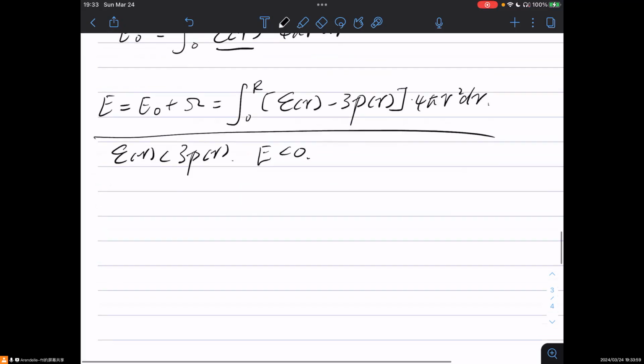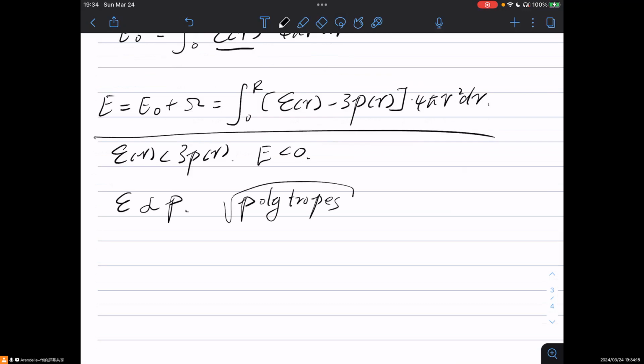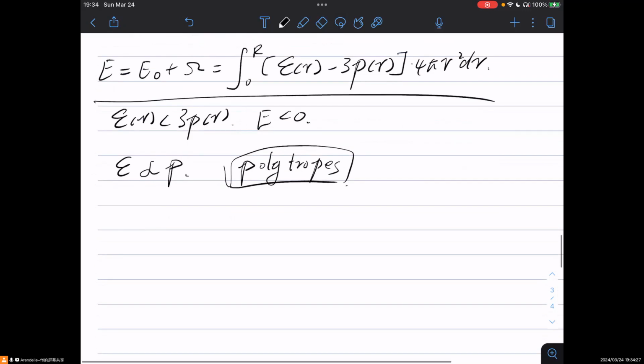In some cases, this epsilon will be proportional to pressure, and we call these stars polytropes. We will discuss polytropes in later seminars. It's an important class of stars.